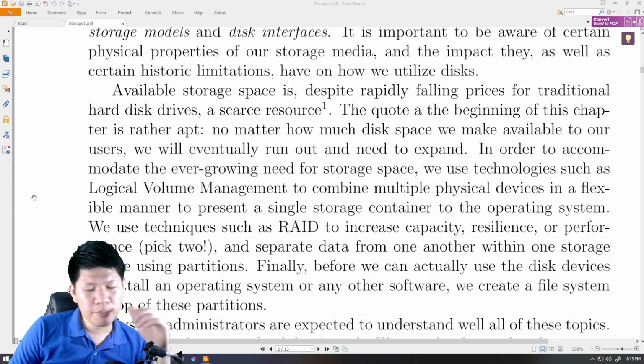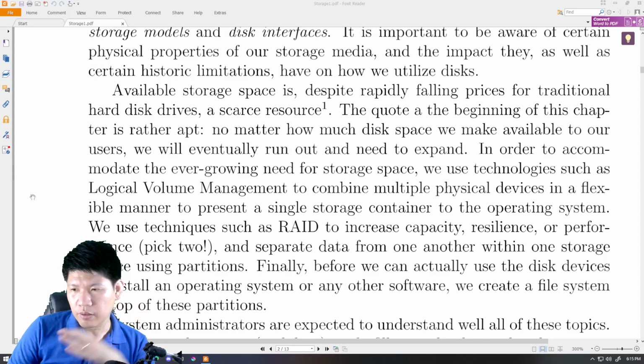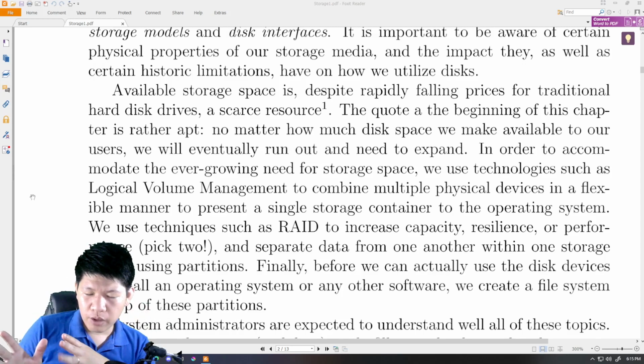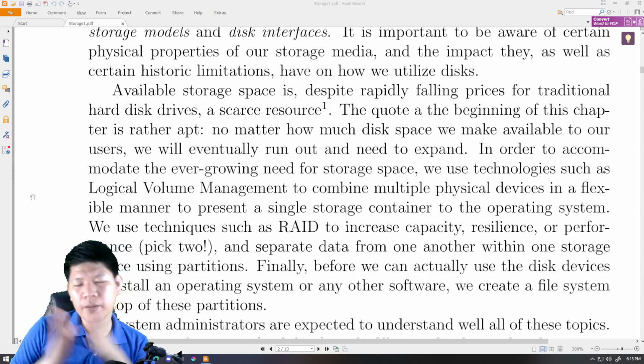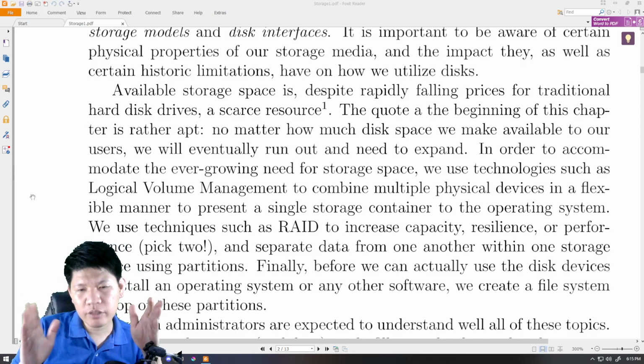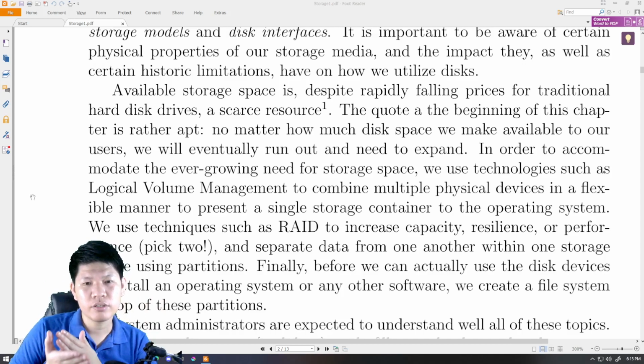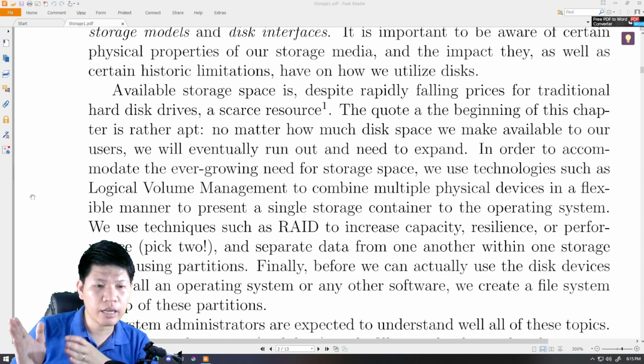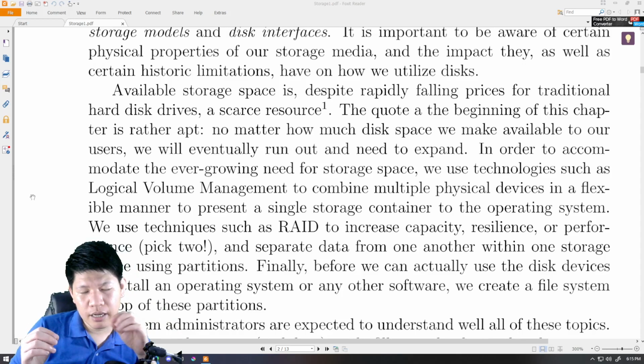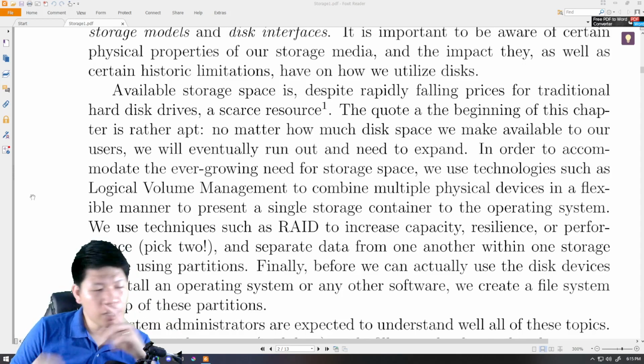Let's say a hard drive that can handle 1 terabyte of data, we can subdivide it into two logical drives: 500 gigabytes for the operating system and 500 gigabytes for your personal data. So it's the opposite of logical volume management.